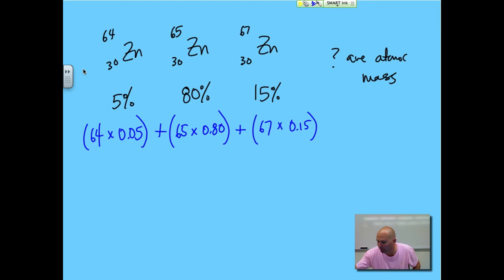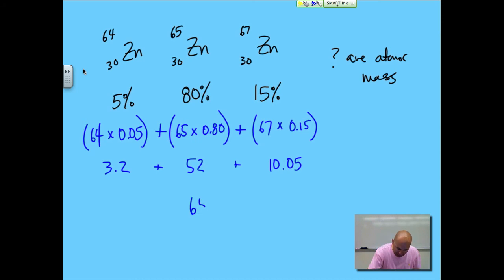I'll pull out my calculator here. 64 times 0.05 is 3.2. 65 times 0.80 is 52. And 67 times 0.15 is 10.05.